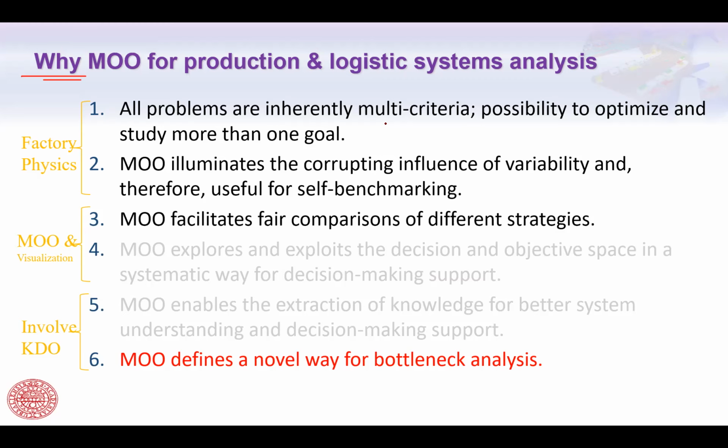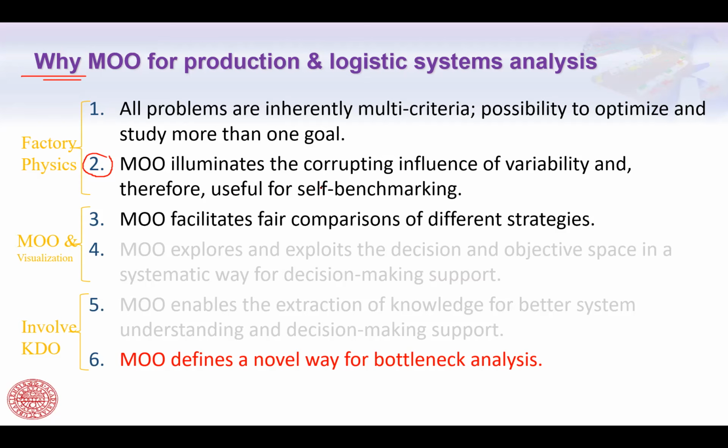Either you want to compare, you want to find a trade-off, or in another case, which I talk about in the second point here, it's not only about finding the optimal solutions and then making your decision. It's also about eliminating the corrupting influence of variability, and it is useful for self-benchmarking.